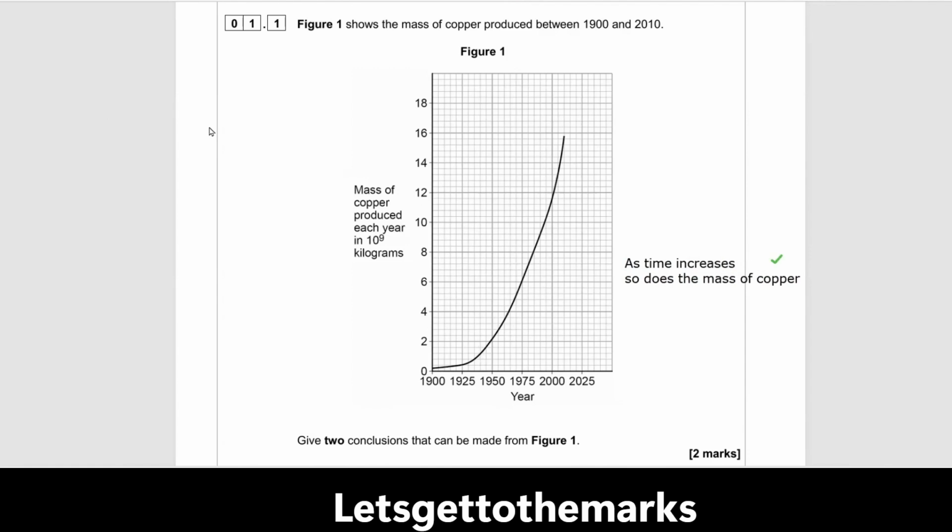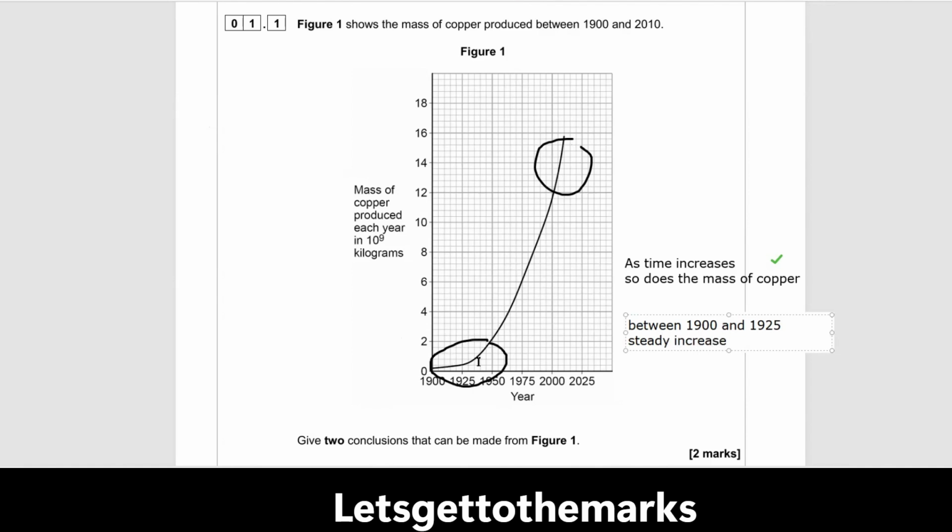Right. Now for the second mark, we need a little bit more detail. Look at the shape of the graph there. It's steeper there and it's slower here. So we want to say at first, maybe between 1900 and 1950 or 1900 and 1925, there's a steady increase. So I'm giving it a little bit extra. So between 1900 and 1925, we've got a steady increase.